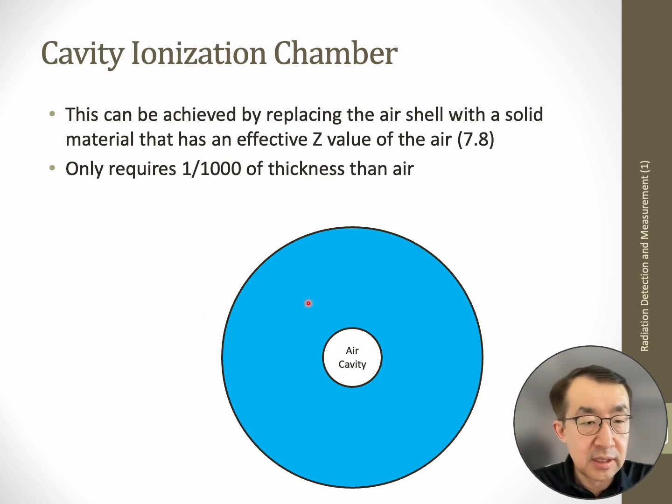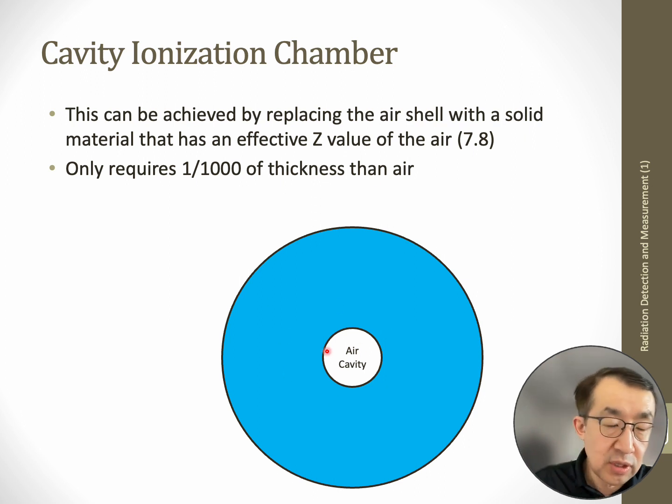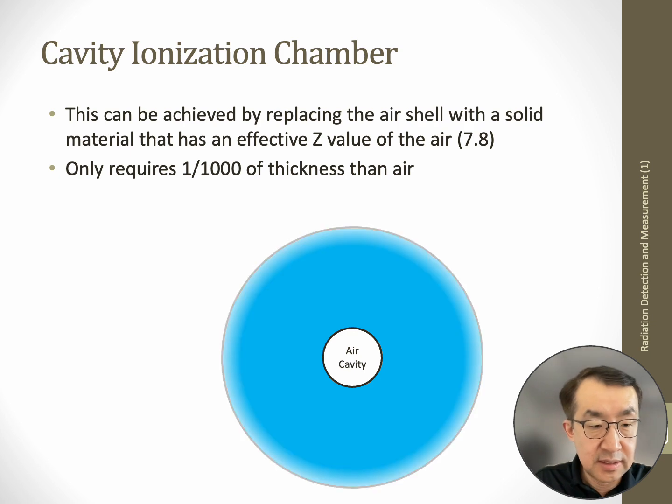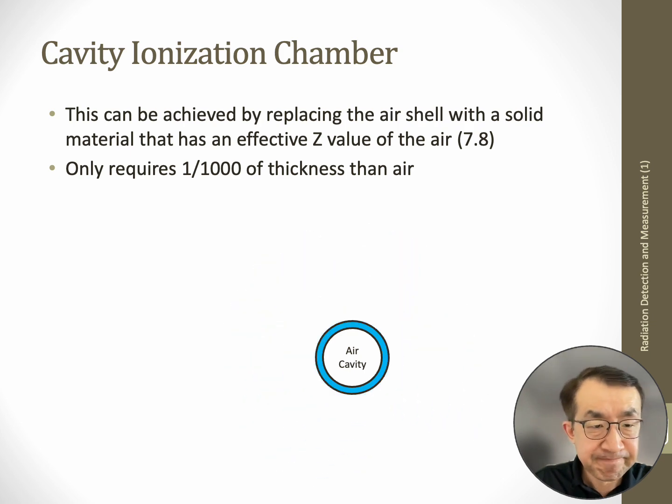Because it'll be very big. This can be achieved by replacing this air shell with a solid material. But that solid material has to have an effective Z value similar to that of air. So if you use some plastic or solid material, you only need a very thin thickness that is equivalent to the air. That's actually a typical example.